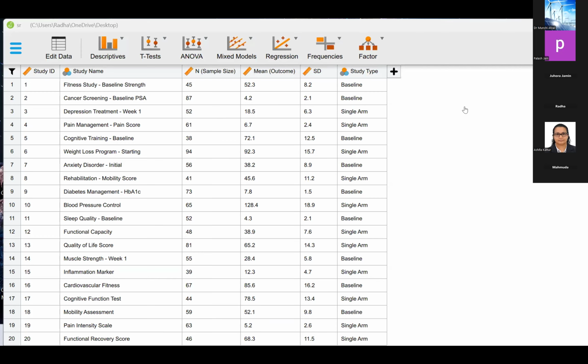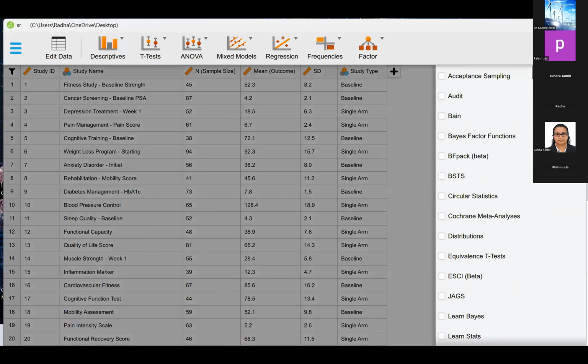Doctor, is my screen visible now? Yes, I can see your screen. Okay. There is no meta-analysis and all, doctor. This only shows descriptive, T test and all like that. Go to the plus button. Okay. Go to the meta-analysis. Check the meta-analysis list here. Check all the boxes.